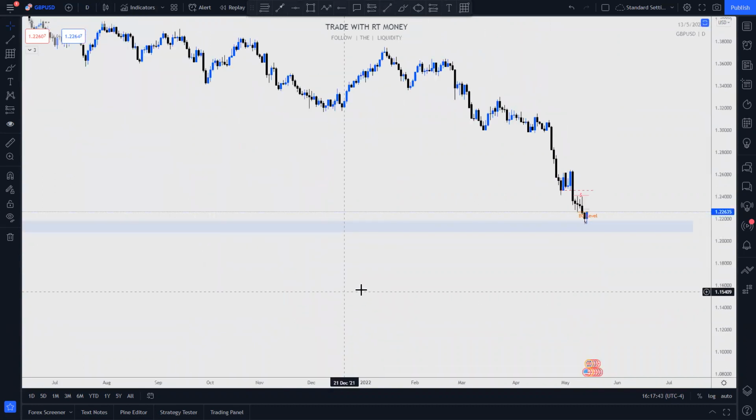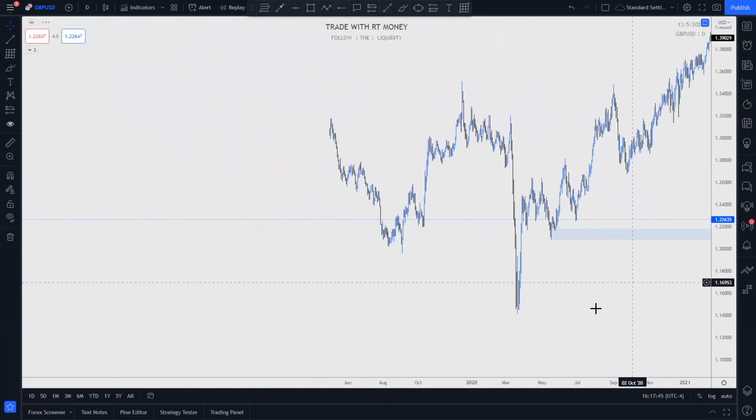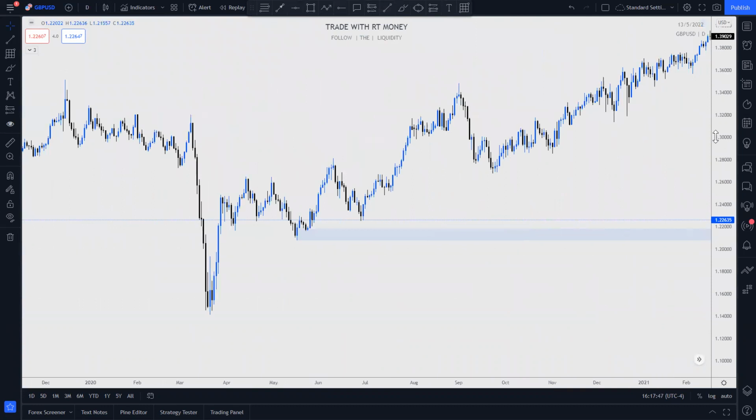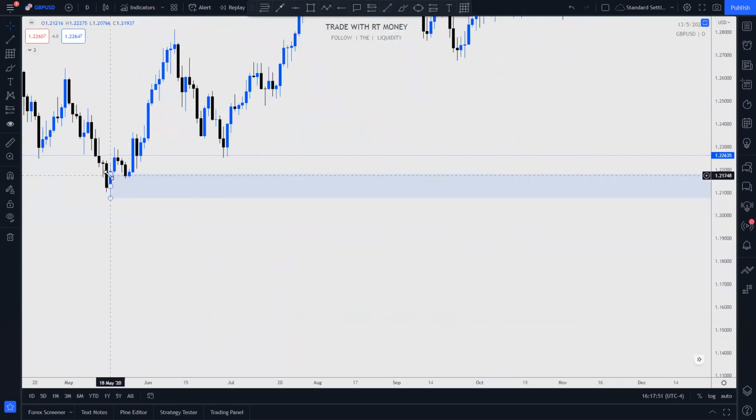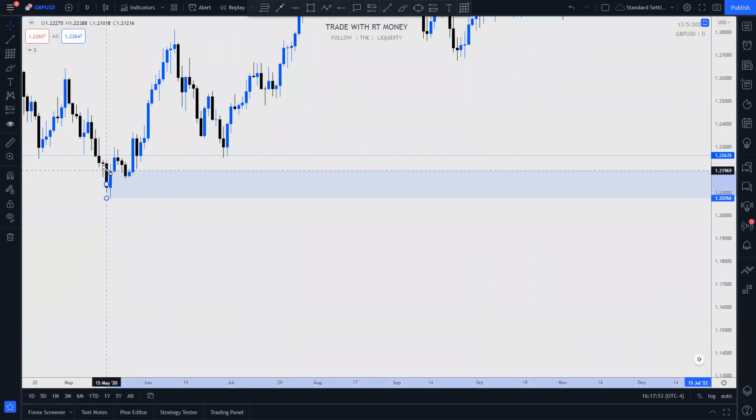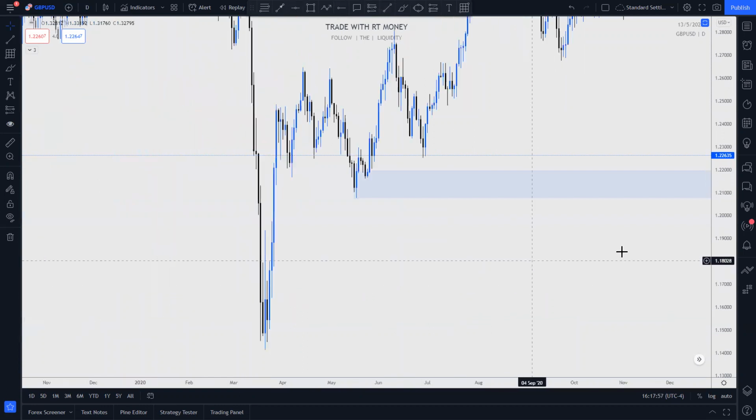If we look at the daily, you can see the zone is properly drawn here. This is where I would mark it for a daily zone, all right? And you can see price never came back down here. Once it left the area, it just kept going. It did come back for a visit, but it kept going.